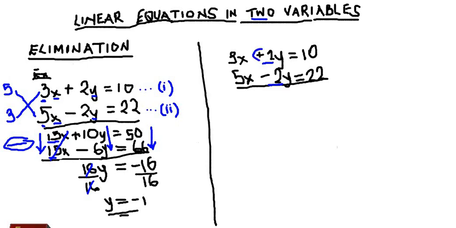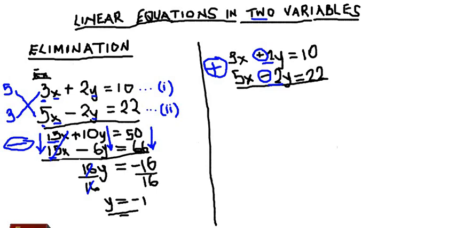The coefficient 2 in equation 1 is positive, the coefficient 2 in equation 2 is negative, which means the signs are different. So we are going to add the two equations.